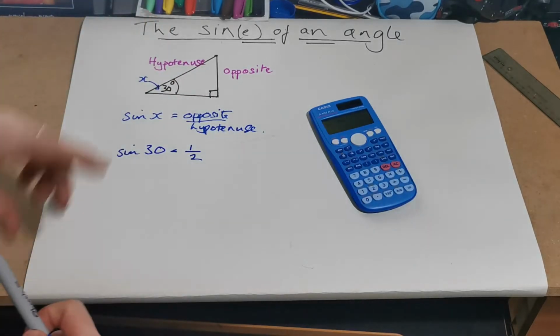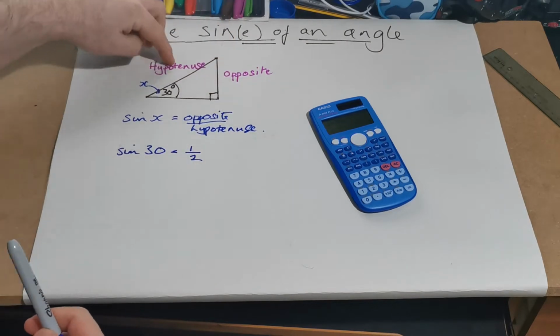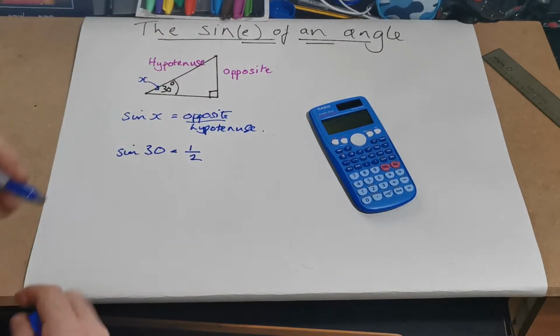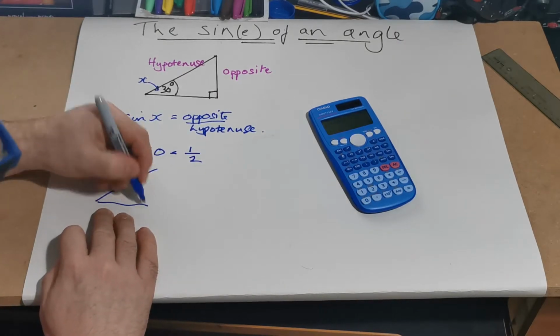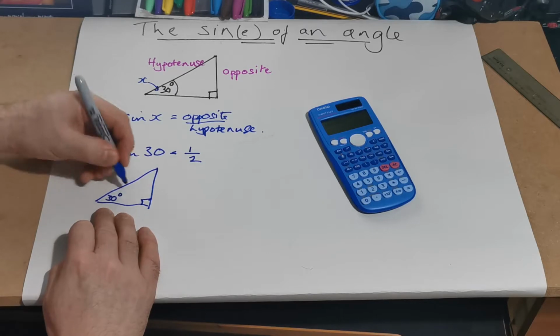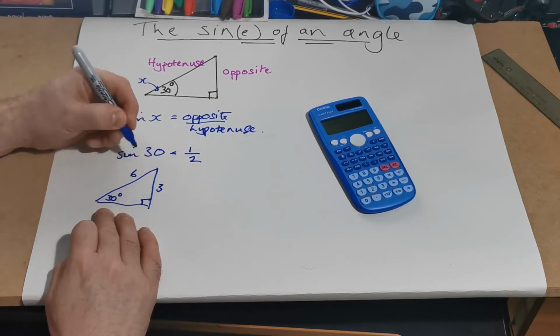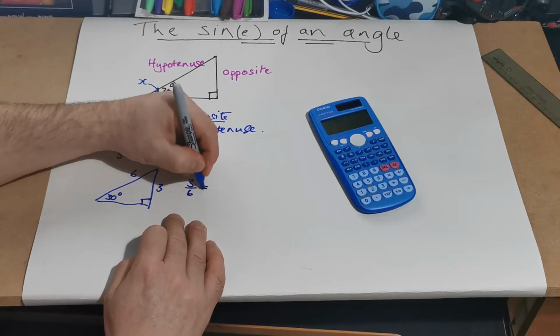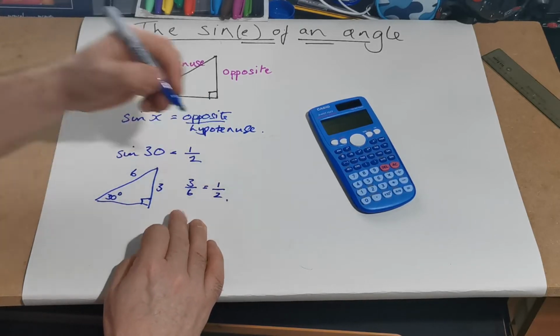That means that opposite divided by the hypotenuse for any triangle with 30 degrees would equal a half. So an example of that could be 30 degrees, 3 and 6, because 3 divided by 6 is a half. And it's almost like an equivalent fraction there.